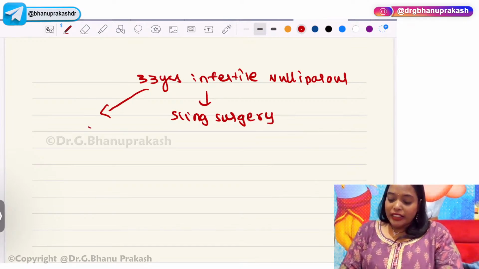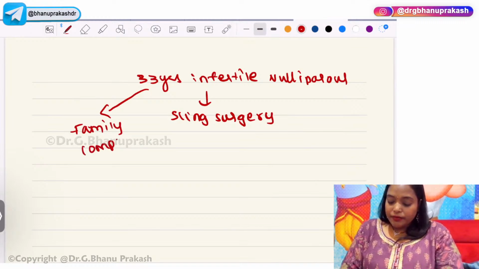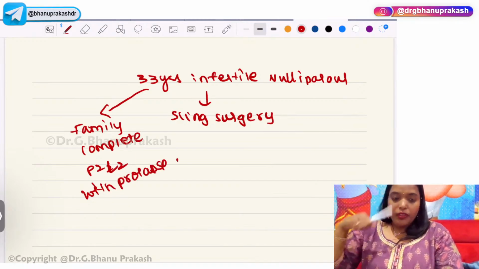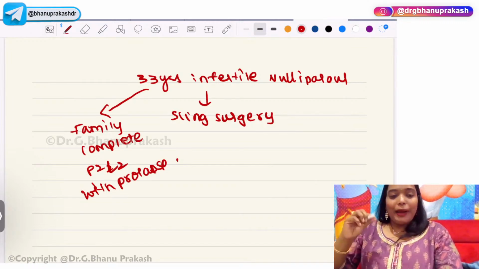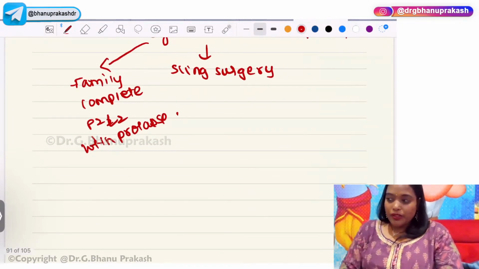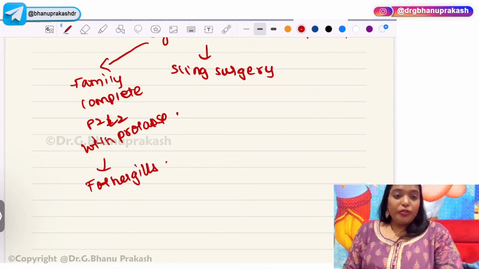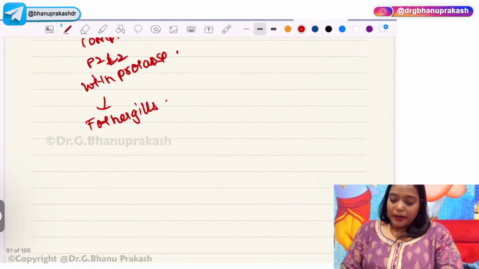If you have 33 years, family complete, para 2, living 2, with prolapse, then what will you do? Excellent. Now, you'll go for Fothergill's operation. Correct.